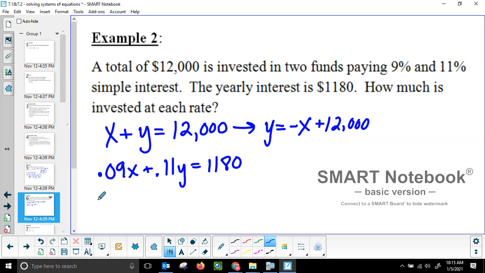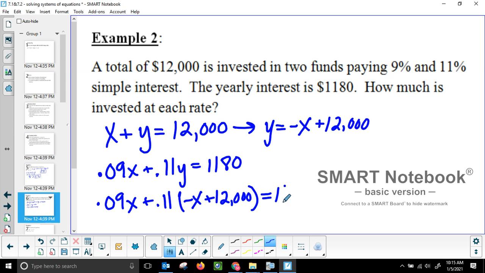So I can go ahead and substitute that down here. So we'll have 0.09x plus 0.11, and instead of y, I can put negative x plus 12,000, and that has to equal 1180.